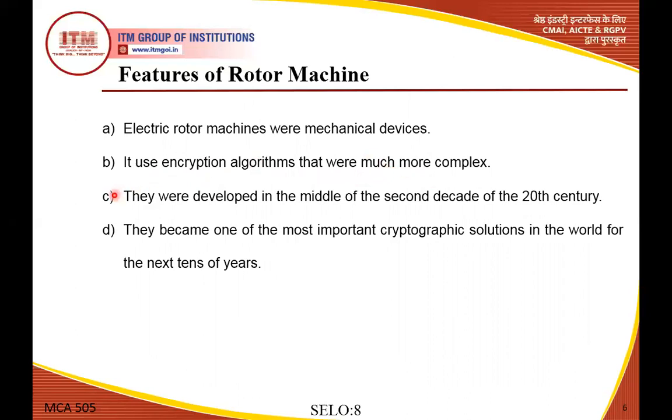The rotor machine was developed in the middle of the second decade of the 20th century, before the Second World War, and it became one of the most important cryptographic solutions in the world for the next 10 years. At that time, only these types of techniques were used for sending information in cryptographic format. So this is the rotor machine.